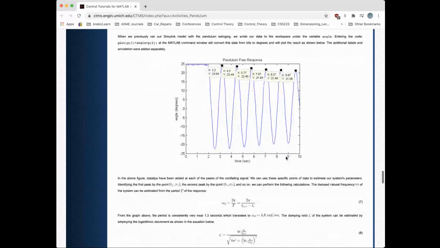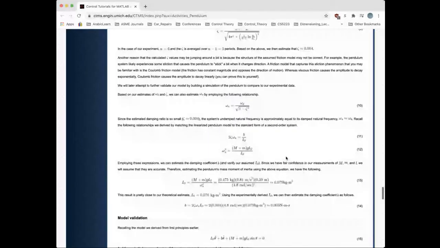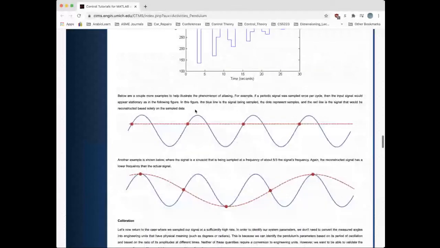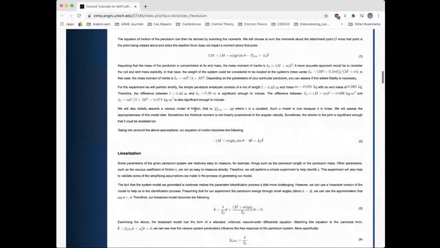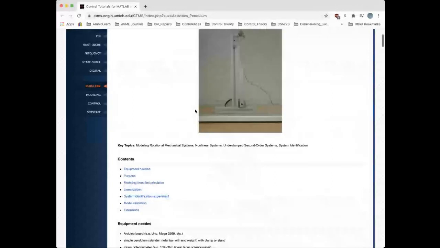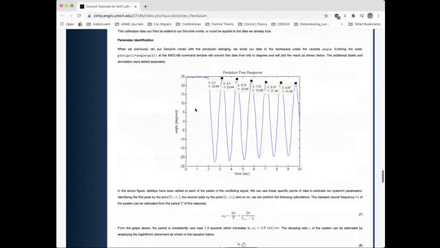Find zeta from there, and b is the damping coefficient, because, let me show you what's happening here, in this case air acts like a damper, and because of some friction, you will use this data.